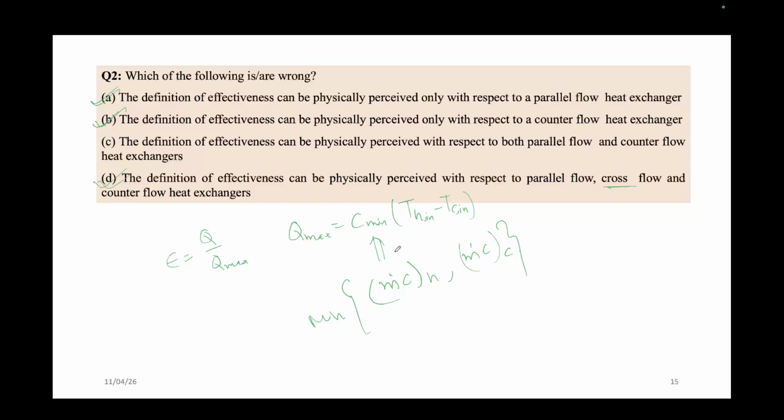What type of problem is it? Just tell me this thing. The answer is hidden here. Heat exchanger. In the heat exchanger, what happens inside a heat exchanger? My question is what happens inside a heat exchanger?